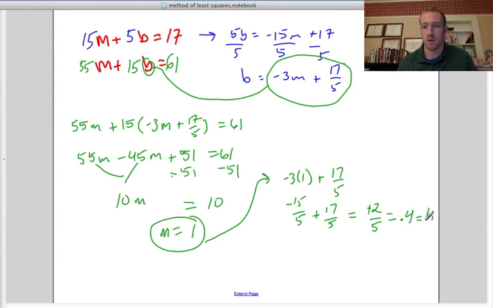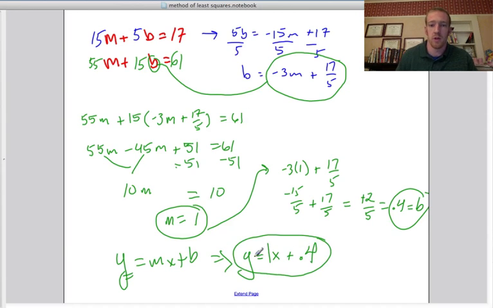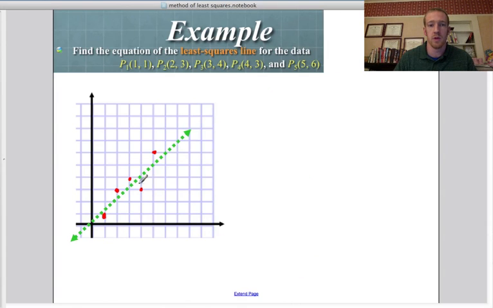So that's our b. Alright, now we have our m and our b, right? So y equals mx plus b. So in this case, y equals 1x plus 0.4. There is our solution. That is the line of best fit that goes through these points.